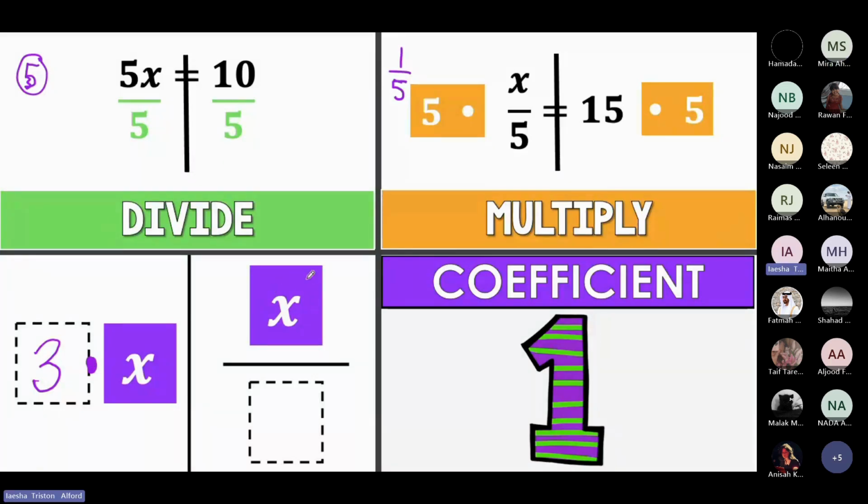We also see it with the x up, a fraction bar, and the number down. Both of these have coefficients. And remember, we always want the coefficient to be what number? Positive 1. We're always trying to make the coefficient positive 1.